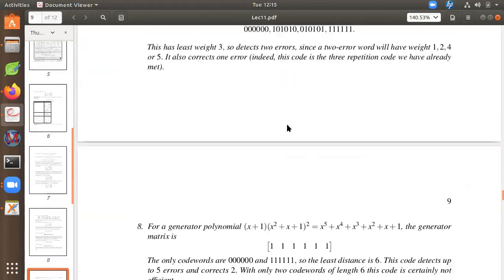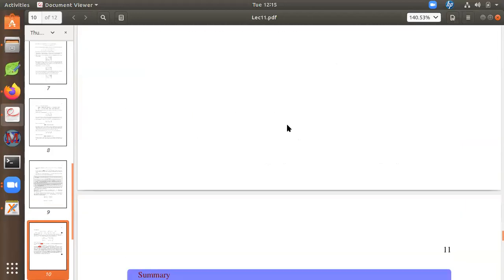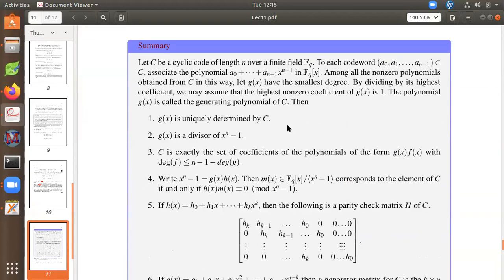Let me first give the overall conclusion, then I'll prove each part slowly, one after another. Let C be a cyclic code of length n over a finite field Fq.